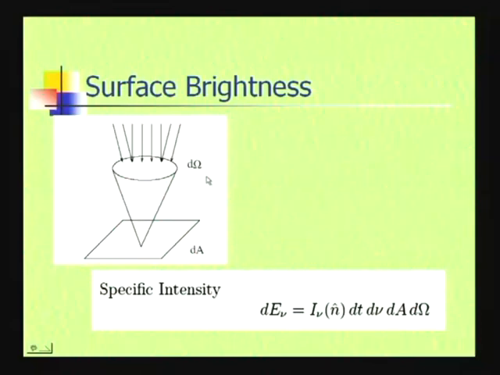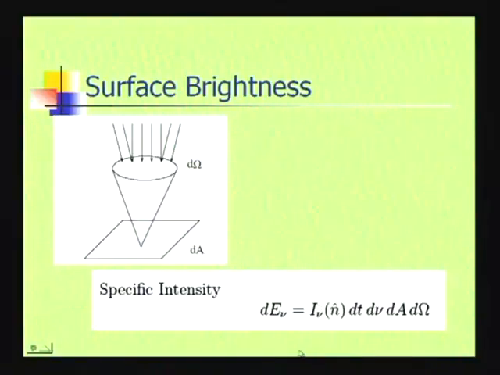What the detector is going to give you finally is the amount of energy that comes in that solid angle d omega, in that area dA, in a time interval dt, in the frequency interval d nu. This energy is written as I nu, the specific intensity or surface brightness, times all of these factors.